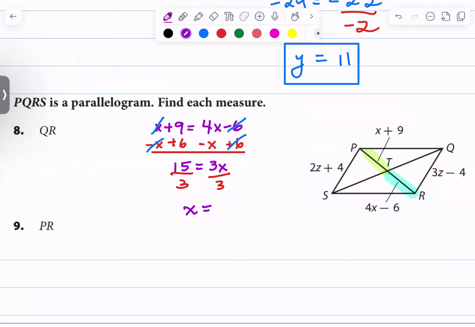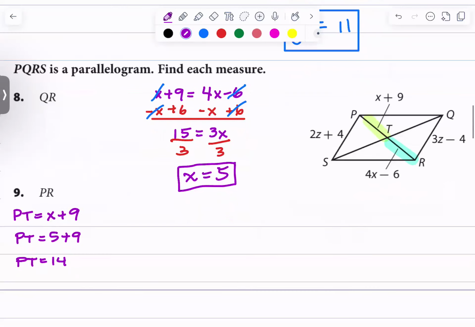X then would equal 5. Right? If x is 5, then PT, which equals x plus 9, is actually 5 plus 9. So PT is 14.